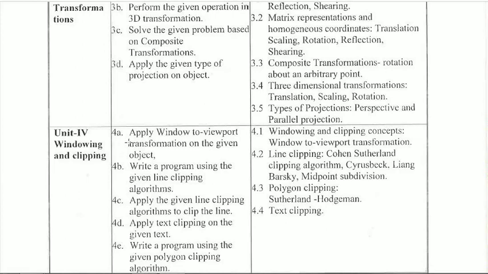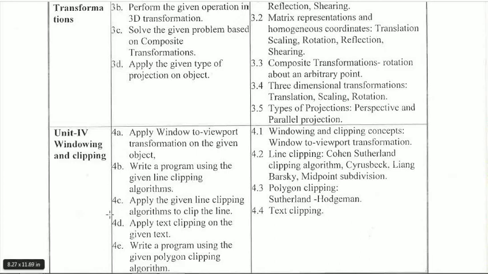The first unit outcome is: apply window to viewport transformation on the given object. B: write a program using the given line clipping algorithms. So we will be able to write a program by using a clipping algorithm.